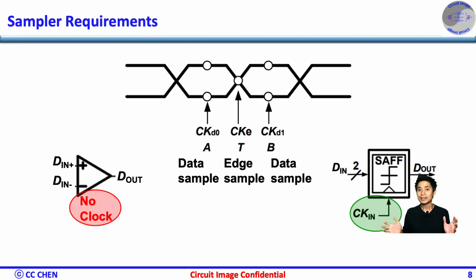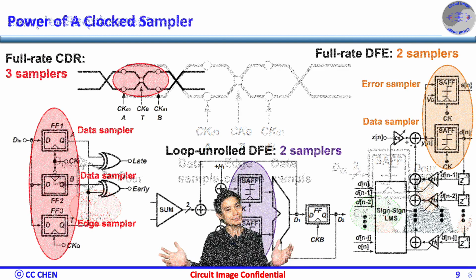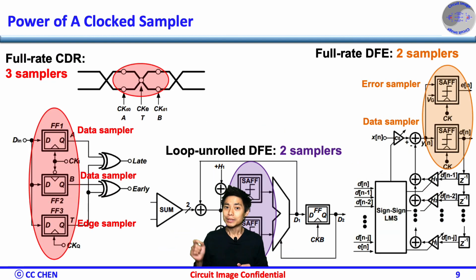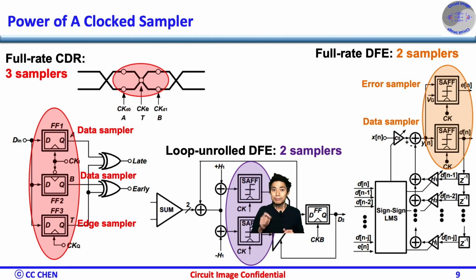Lastly, after going through all the input sensitivity and clock sampling, do you have any idea why the power could be an issue? Right. The power of the clock sampler could be a concern since the input of the sampler is at the highest data rate in a link before downsampling to the parallel data.